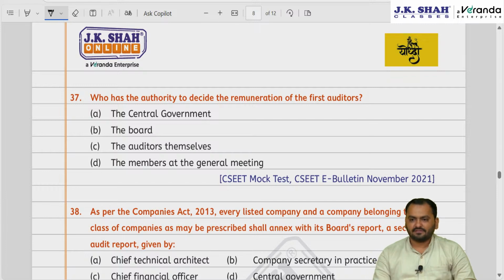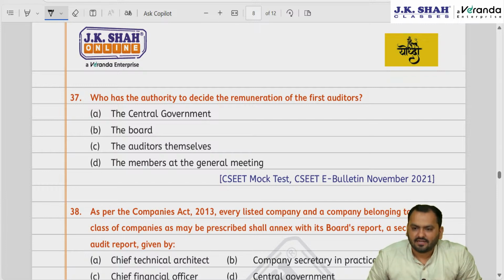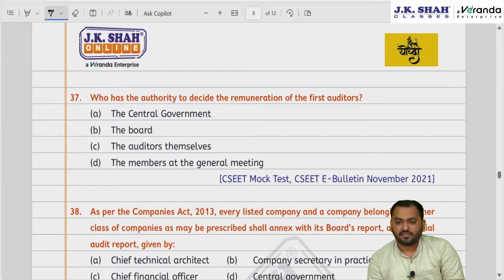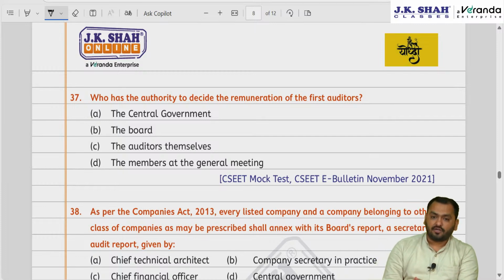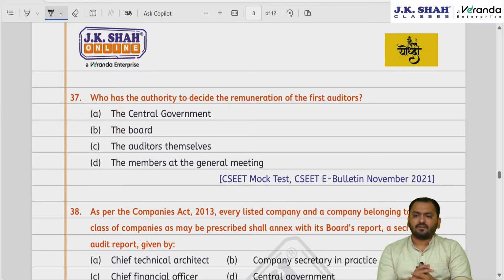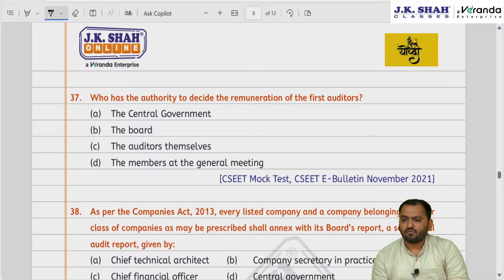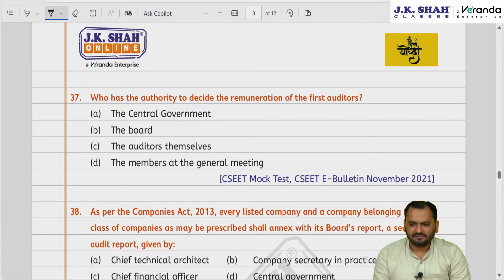Friends, when we talk about appointment of auditor and remuneration of auditor, these are considered as the ordinary business of the company, and ordinary business is transacted in the annual general meeting.